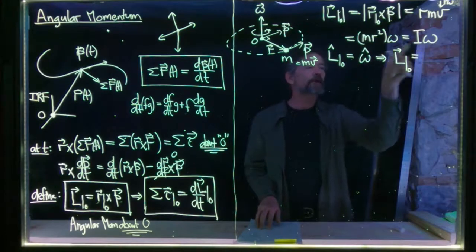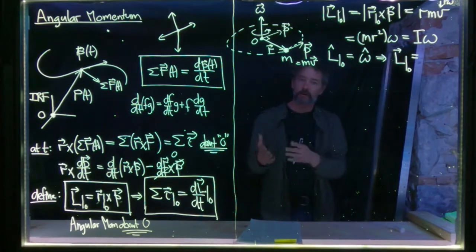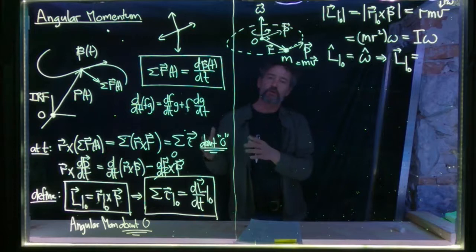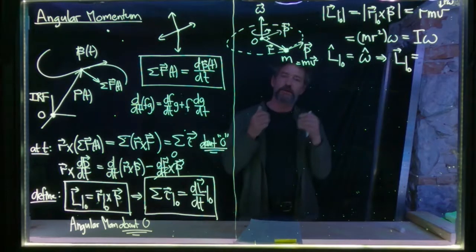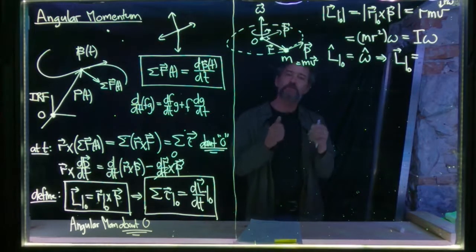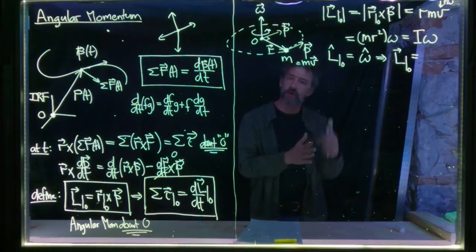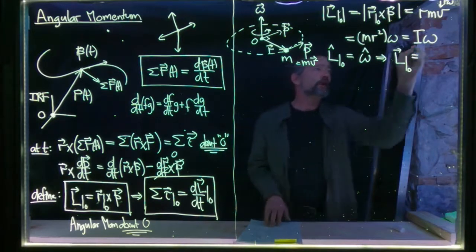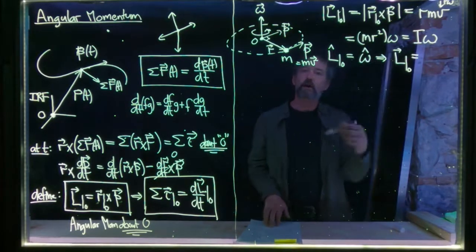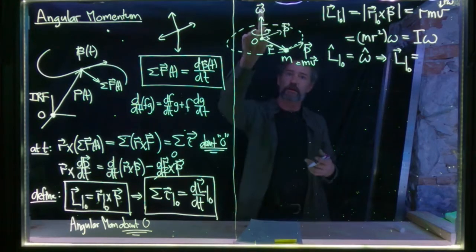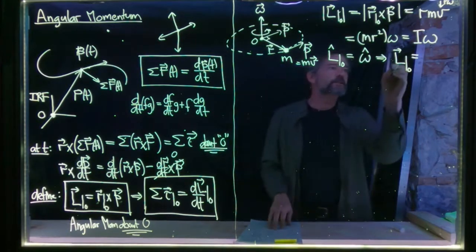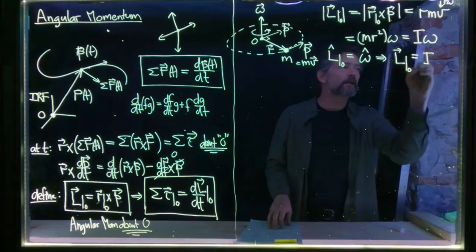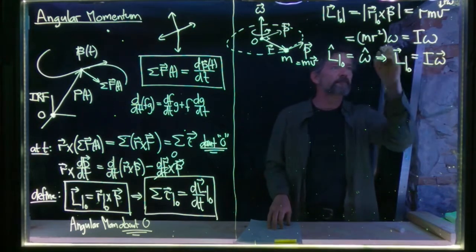Any vector is equal to its magnitude times a unit vector in the direction of that vector. So here we have an omega times an omega hat. Well, that's just the vector omega. And so we see that the angular momentum is just I times omega.